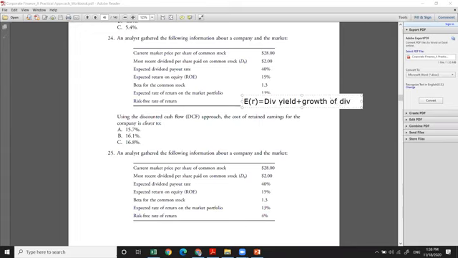This is the formula from the Principles of Finance. To find the dividend yield, it is dividend per share paid divided by price of the share.